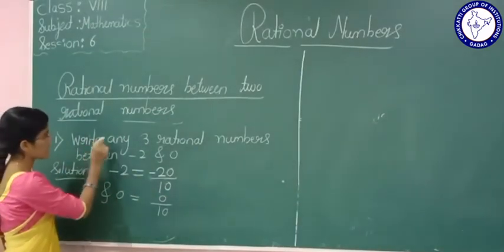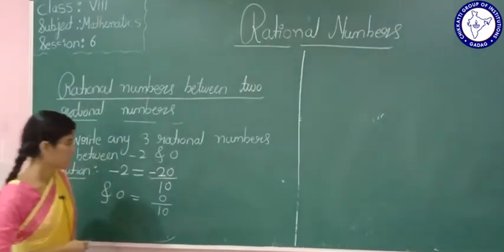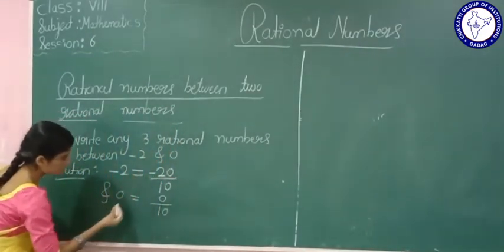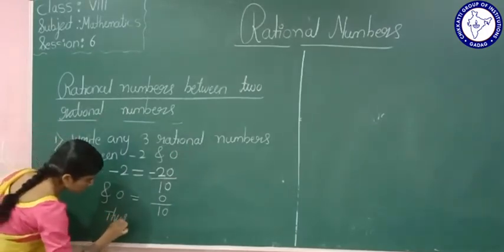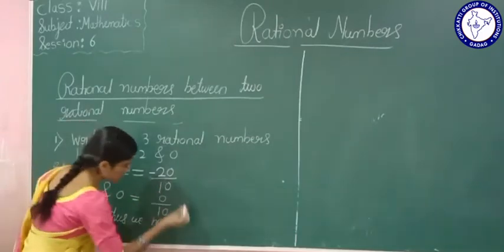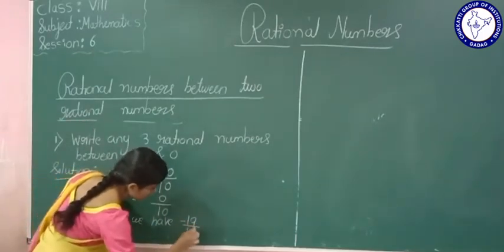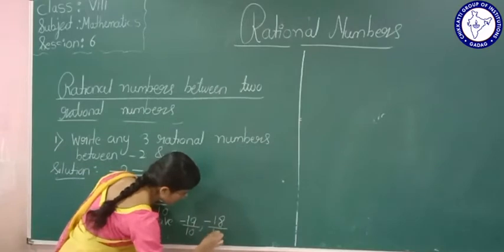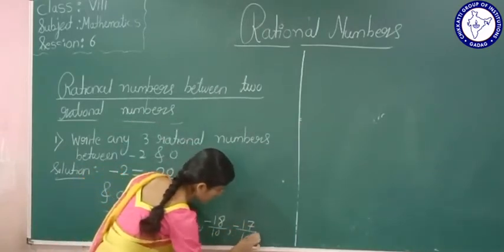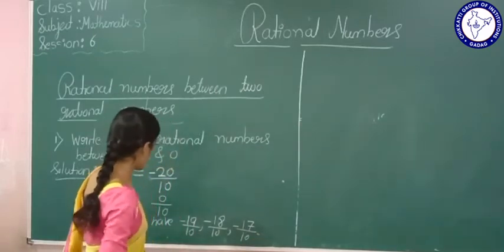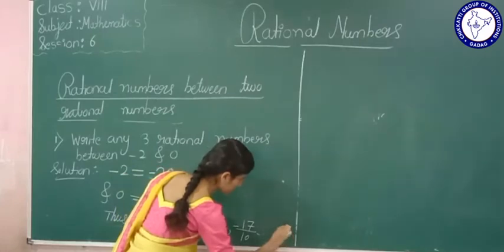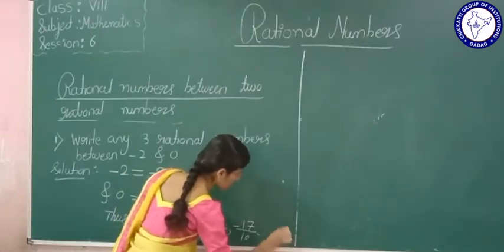They are told to write any three rational numbers. See, thus we have -19 by 10, -18 by 10, -17 by 10, like this up to -1 by 10.